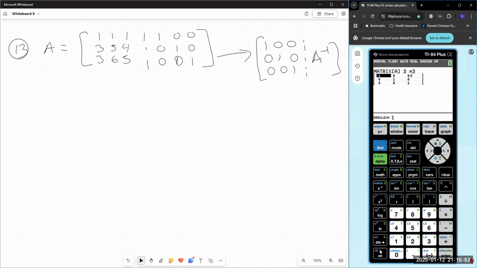This was 1, 1, 1, then 3, 5, 4, and then 3, 6, 5. If I was just interested in using technology to find the inverse of this matrix, I would do second matrix A, use my inverse button right here, and my calculator would come up with the answer for me.